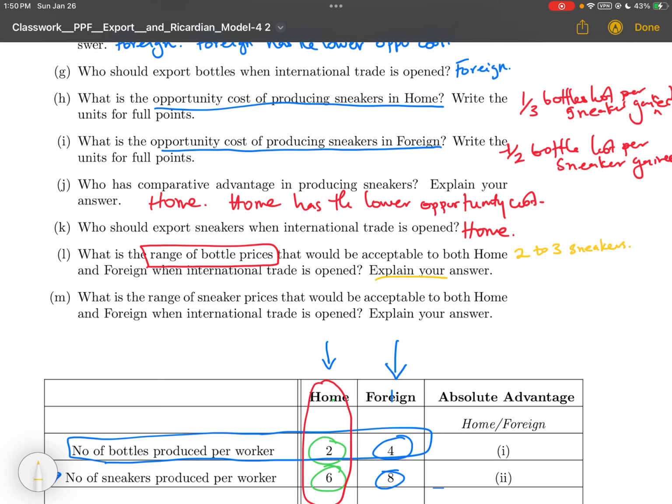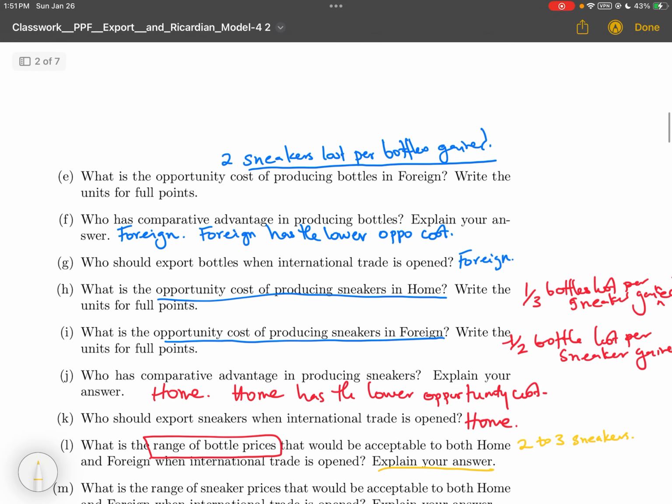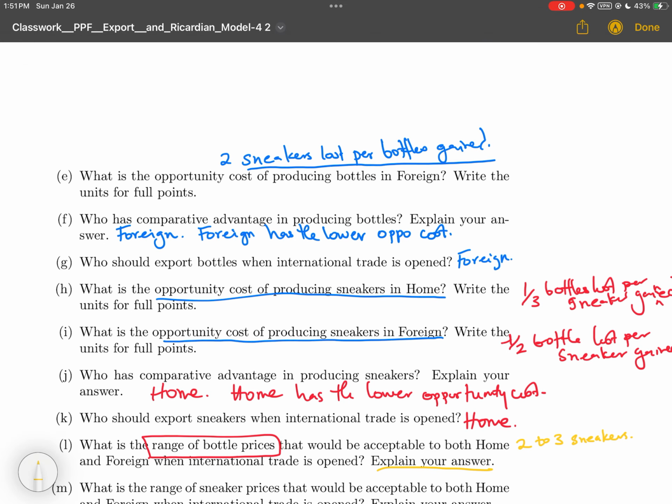How do we explain this answer? How is this the range of bottle prices? Now, do you remember who is selling bottles? If you go back to the answers you wrote up here, foreign is going to specialize in bottles and sell them.